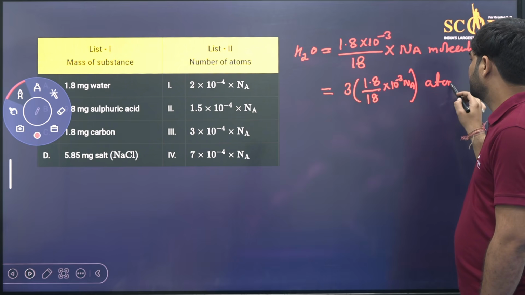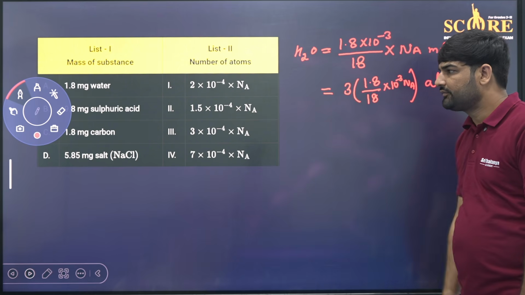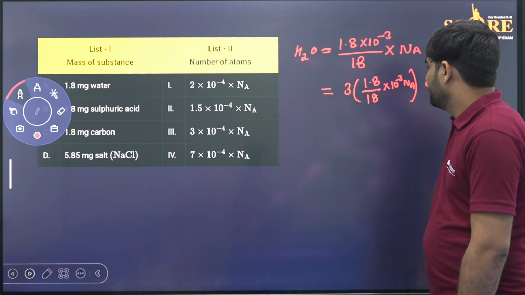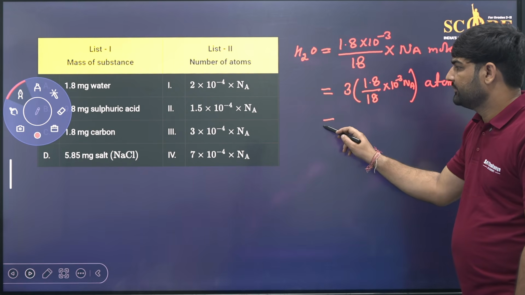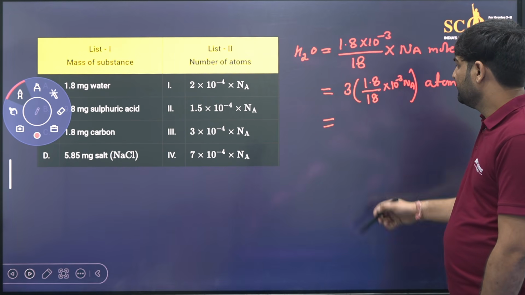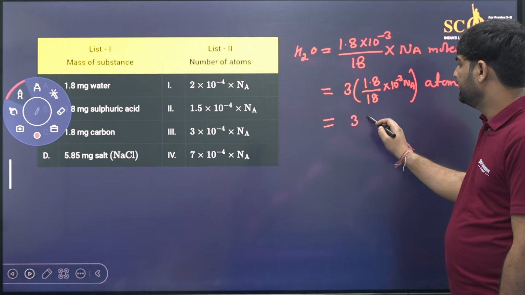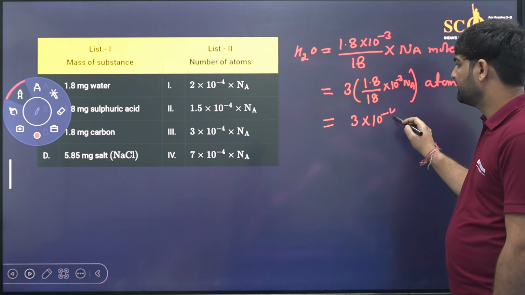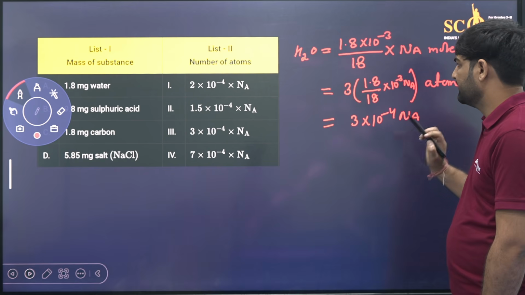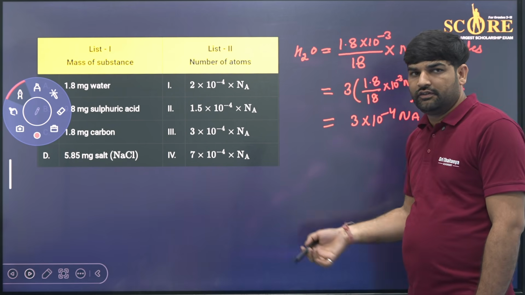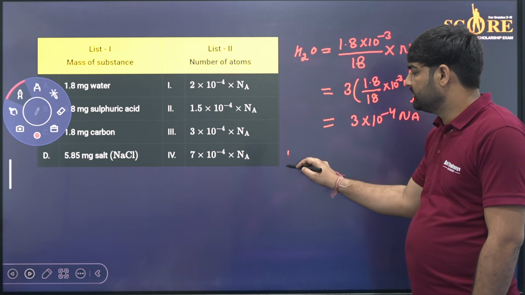These are the number of atoms. So if we want to match these things, you can say 3 multiplied by 10 raised to power minus 4 Na atoms.